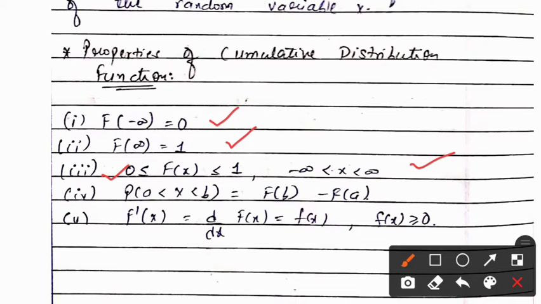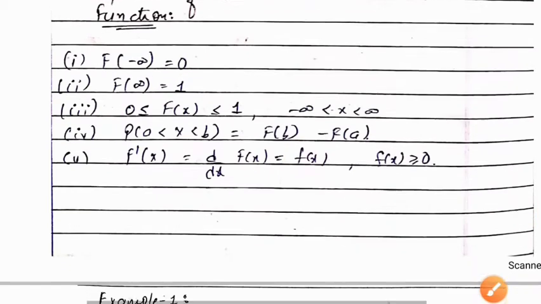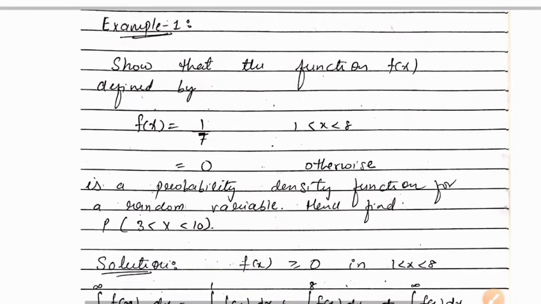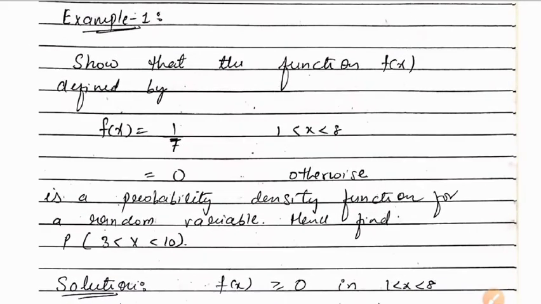Next property is P(a < x < b) is always equal to F(b) minus F(a), and F'(x) = d/dx of F(x), which is equal to f(x), where this value f(x) is always positive. Now let us move towards the examples to understand this in a better way.